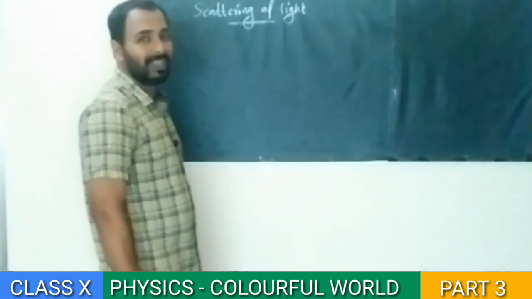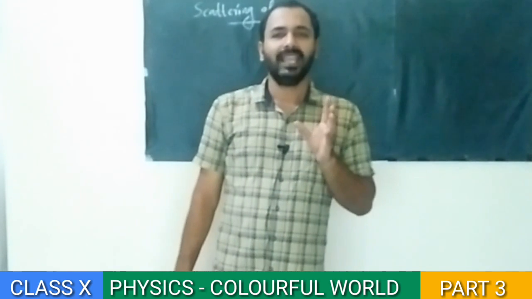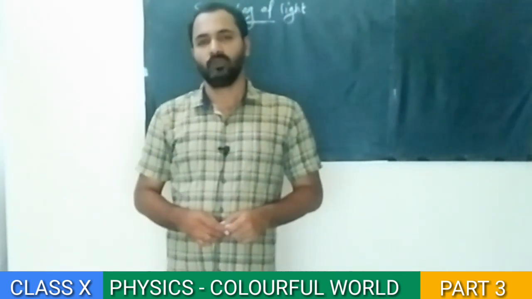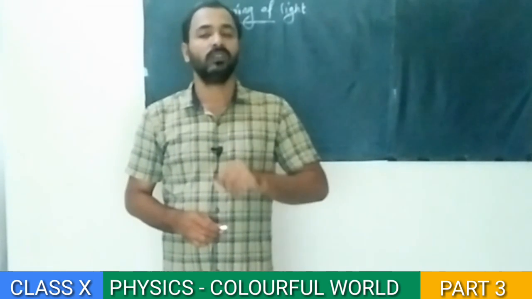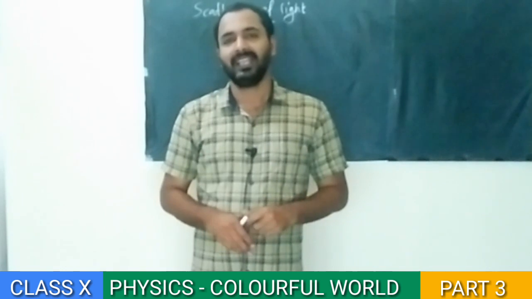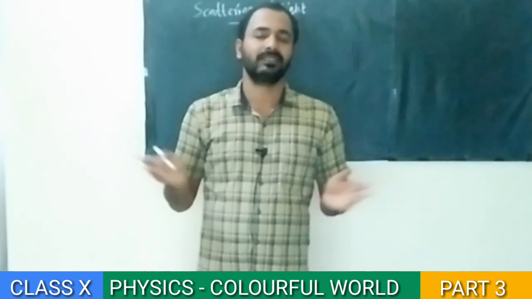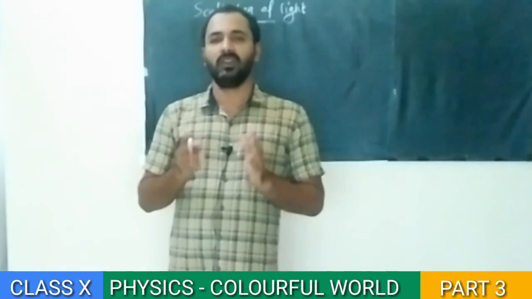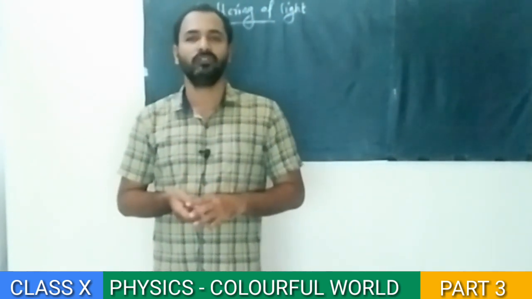Scattering of light. When light falls on small particles in the atmosphere, the light scatters in all directions. That is called scattering of light.